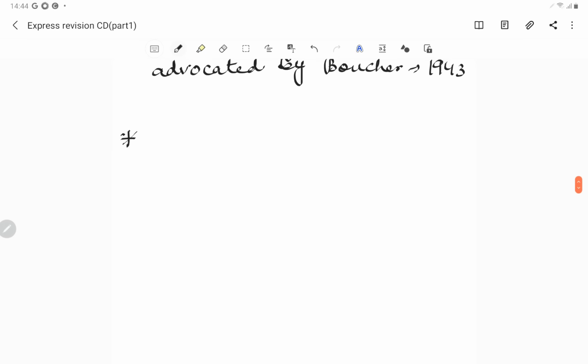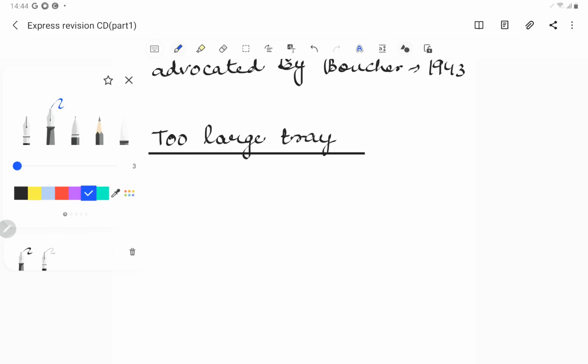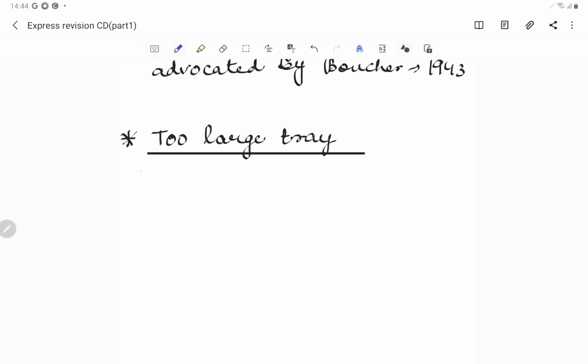So what happens when we are taking too large a tray? First of all, we check the tray size in the patient. What happens when we are not checking the tray size, or we don't know how to check the tray size, and we are taking the impression? If we take a too large tray, there is going to be distortion of the tissues around the borders of the impression.